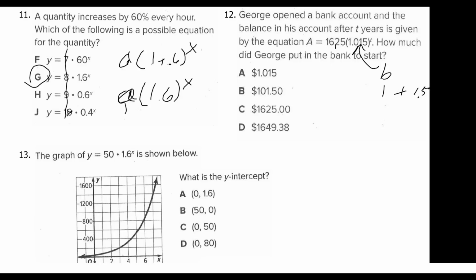T, well, that's going to be time. And then 1625 is the initial value. Now, at time 0, he had $1,625 in the bank.